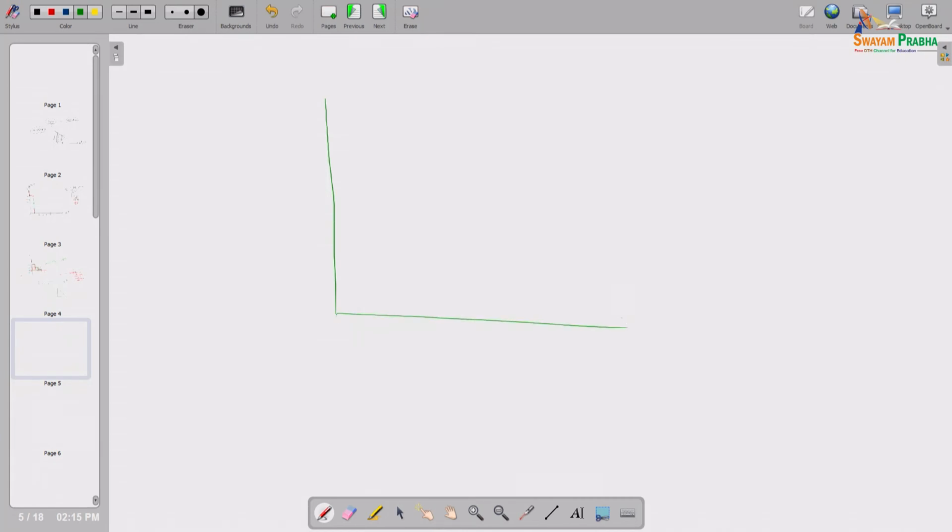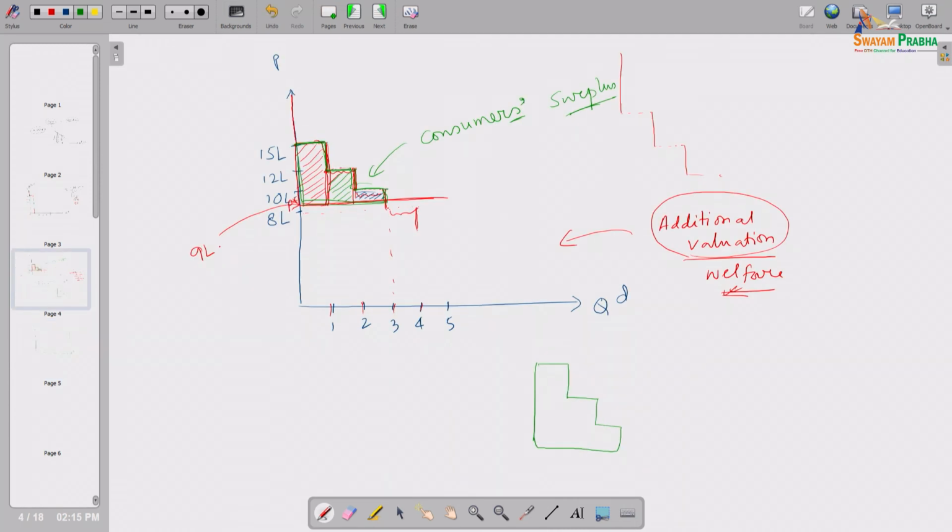Let us quickly complete the supply curve. Say price this side, quantity supplied we are measuring. I am ranking the potential suppliers, the potential sellers, all the suppliers who are there in the market. So, in the earlier diagram, this person is the most efficient customer, in the sense that the first person's valuation of the same good is the highest, then the second person, then the third person, and so on.